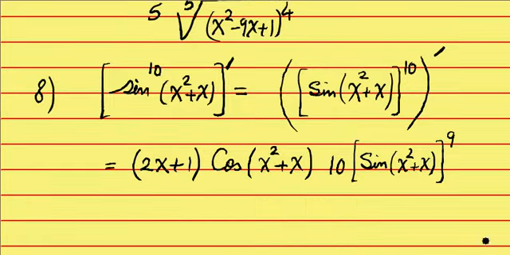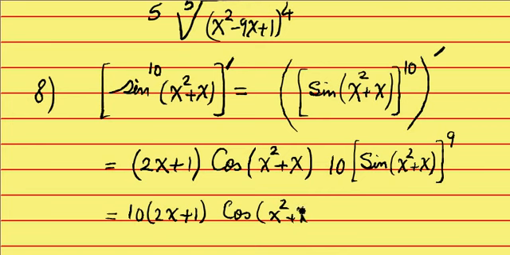Again, it's customary to write small items up front, so 10 comes before this factor, and this becomes 10 times 2x plus 1. So we have a progression from the small pieces to the largest piece. And for brevity, we put this exponent on top of the name of the function. So we have sine to power of 9 of x squared plus x.